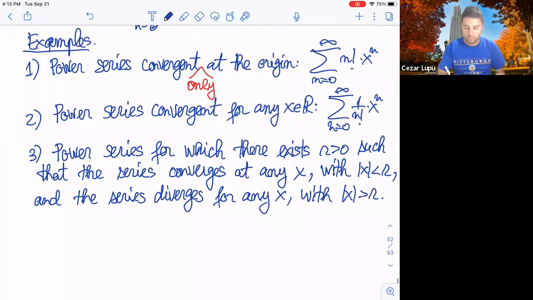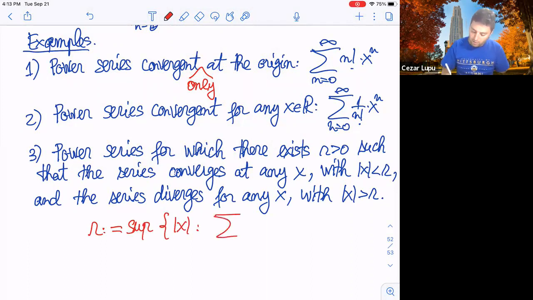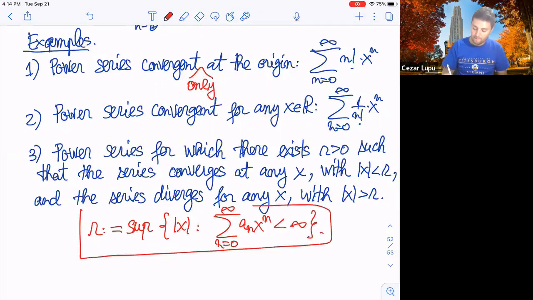Well, this number, by definition, is nothing else than the supremum of all x in absolute value for which the power series converges. So that's the definition. That's what we call the radius of convergence.